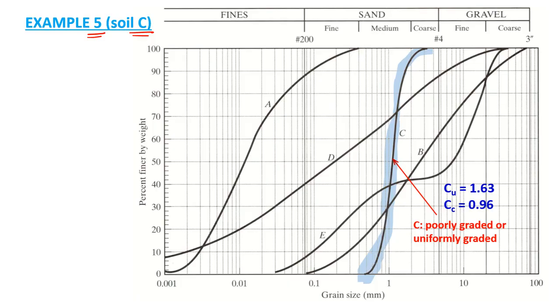Okay, so let's start. The first thing is we have to see what are the passing from these 3 sieves: 3-inch sieve, number 4, and number 200. So let's look at.